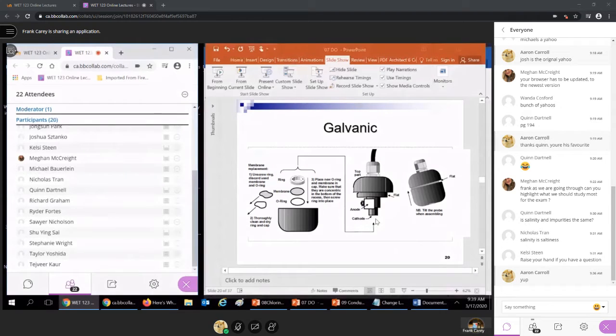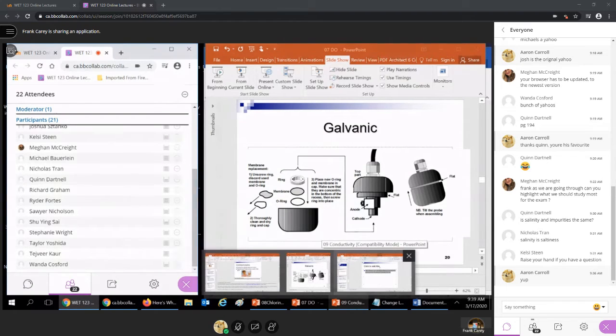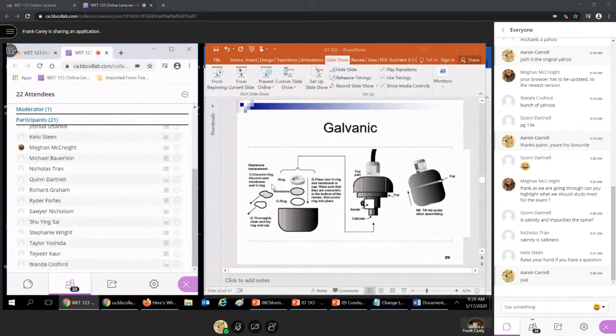You don't need to know the types of metals used. Just know that the galvanic probe acts like a battery. Because of the caustic solution and with the introduction of oxygen molecules, the anode is reduced, and at the cathode, there's a reduction taking place, and that produces a voltage based on the amount of oxygen molecules inside the probe.